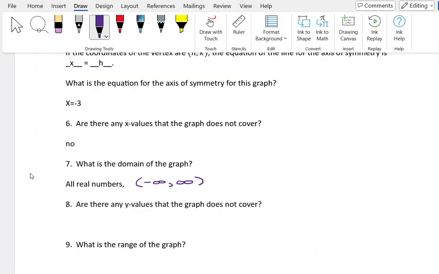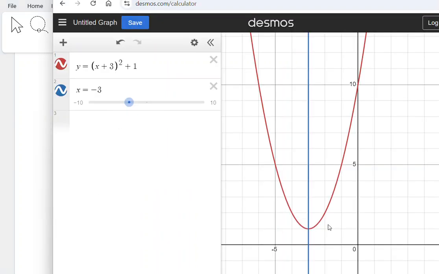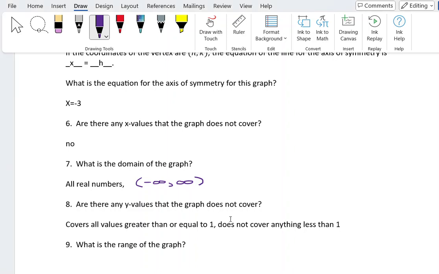So the graph is covering all values greater than or equal to 1, and does not cover anything less than 1. Because this point here on the parabola, (-3, 1), is included, that is included in my range.